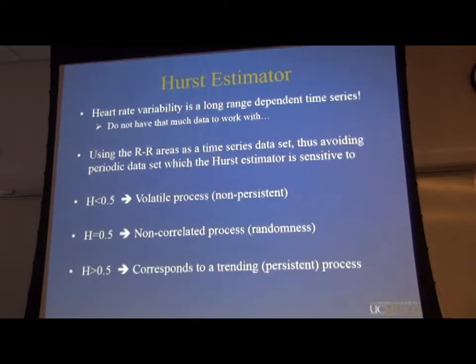And then, for the Hurst estimator, from a couple of articles that I've read, they do say heart rate variability has long range dependence, but a lot of times they only read the RR interval.